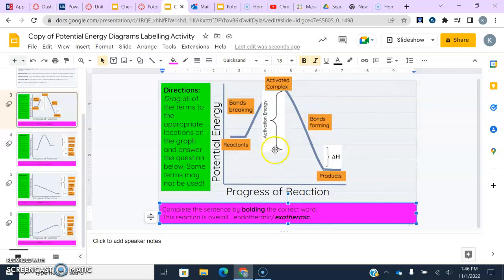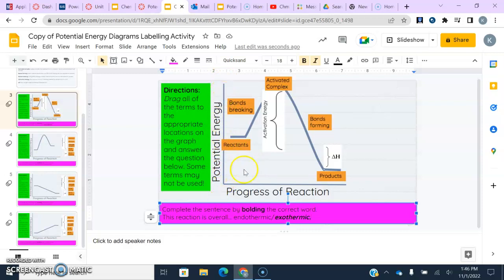Now, you could also do that because we know this is the energy on the left-hand side. You could make up random values and check yourself, because remember, we know in an exothermic reaction, the delta H is negative. So let's just say this is energy from 0 to 10.